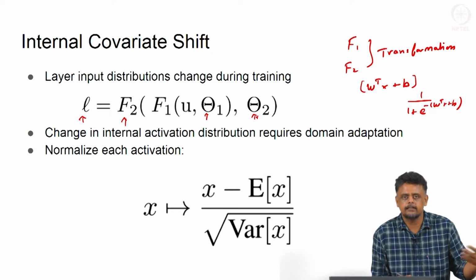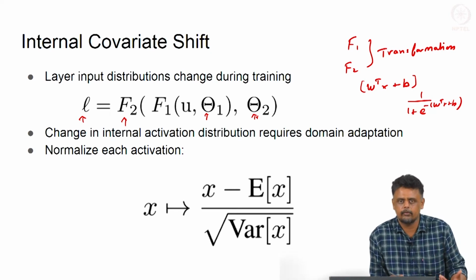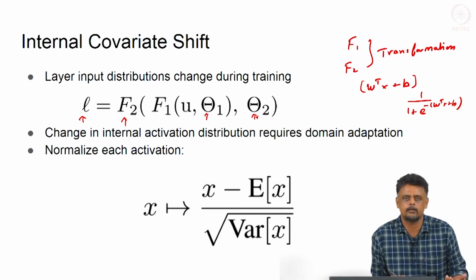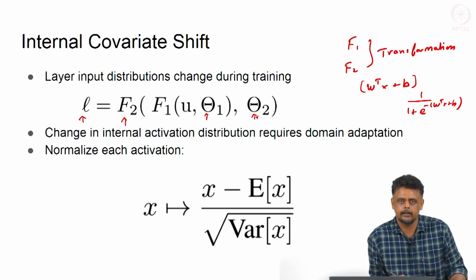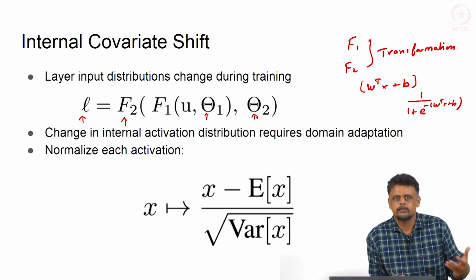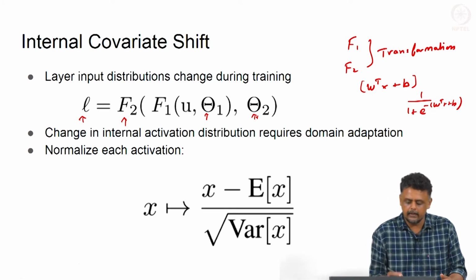If L is an input to another layer, then that will change too. Of course, this change is expected because we are trying to estimate theta 1 and theta 2, if you think of F1 and F2 as the layers in a deep neural network. But if these changes are random and large, you have problems with convergence in a deep neural network. So, to address this problem, we normalize each activation.